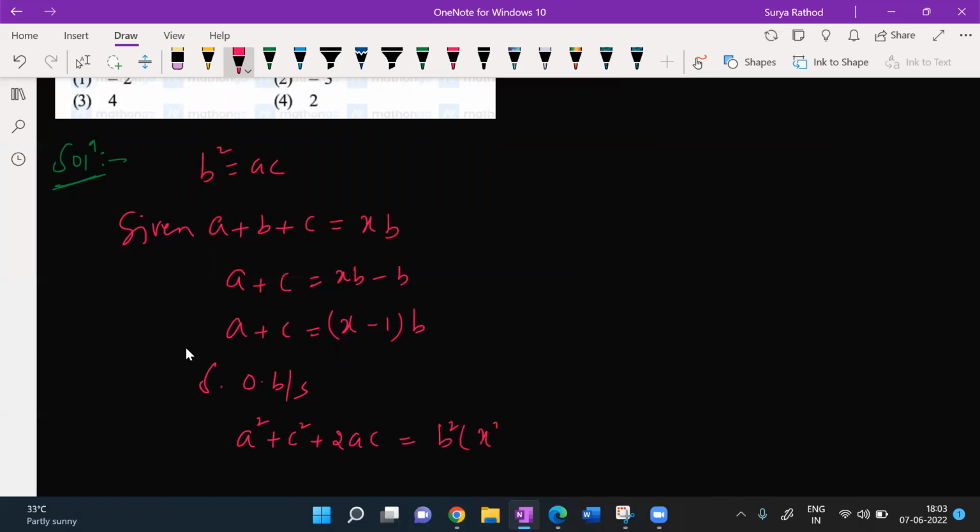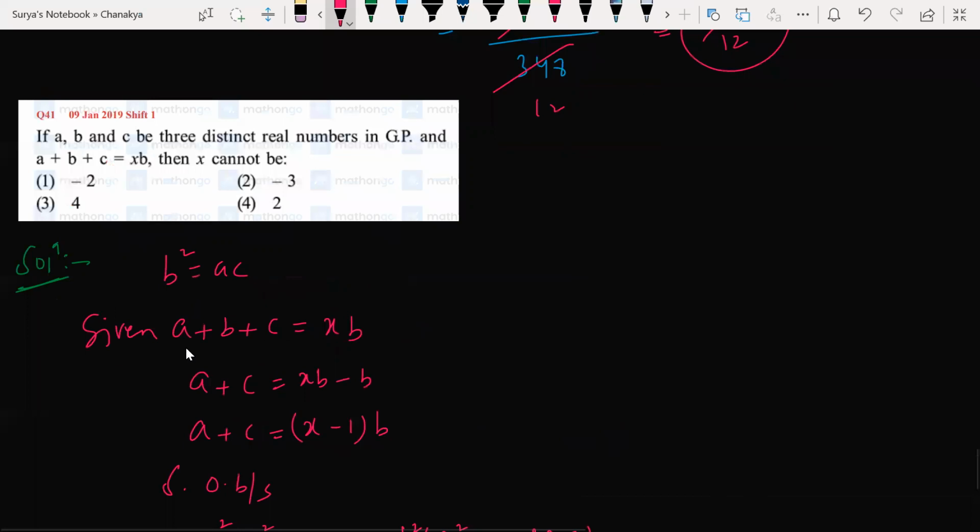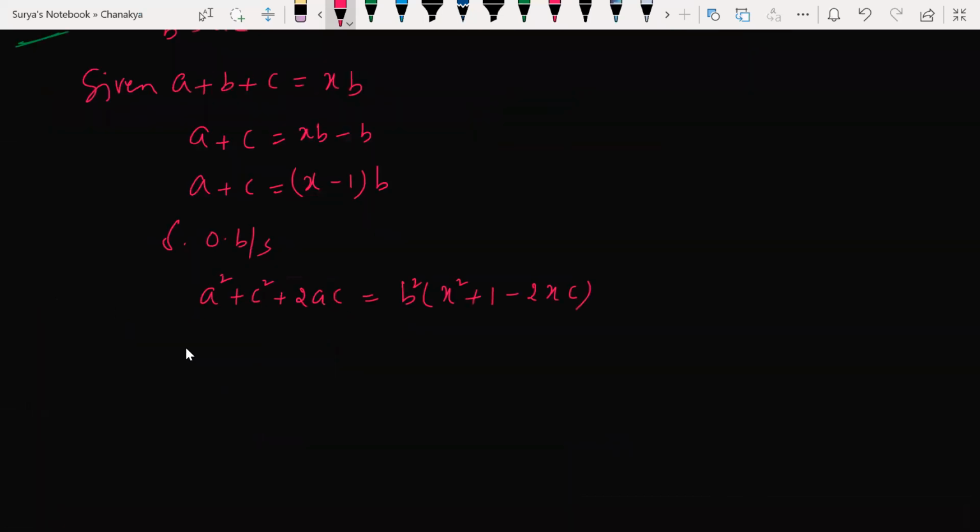Now B square is equal to AC, so let's substitute here.